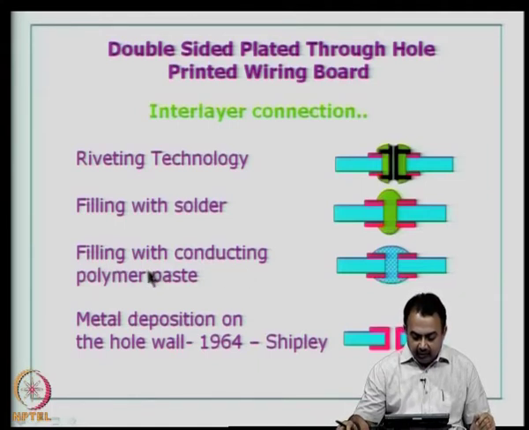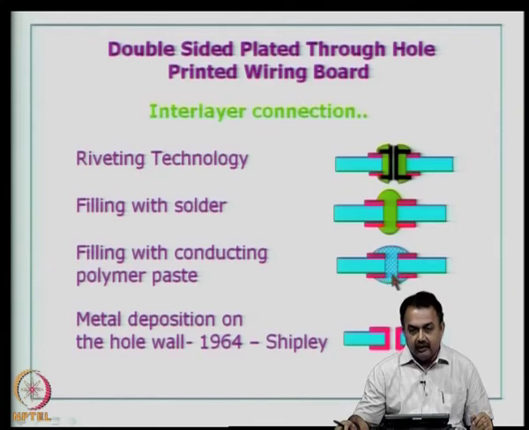Filling with conductive polymer paste is again well utilized today. If you are making high density interconnects where you are making thin inner layers, you can fill the hole with the conductive paste and then polish off the top and bottom area and then get a very reliable conductive hole.